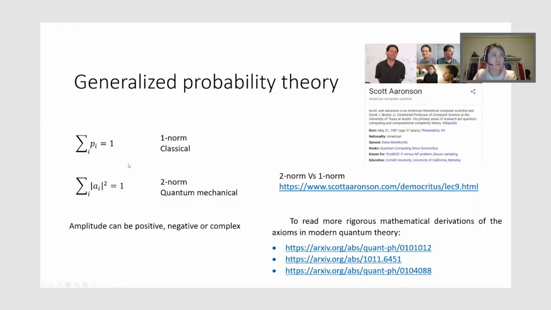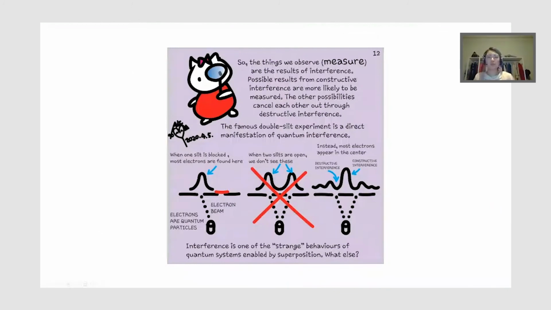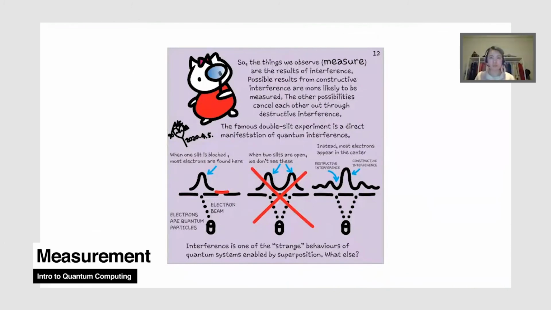It is called a 1-norm for the classical case and a 2-norm for the quantum mechanical case. We will not go into too much depth here, but the point is that we are dealing with amplitudes in quantum systems, and the amplitudes can be positive, negative, or even complex. And that's what leads to interference as well as measurements.